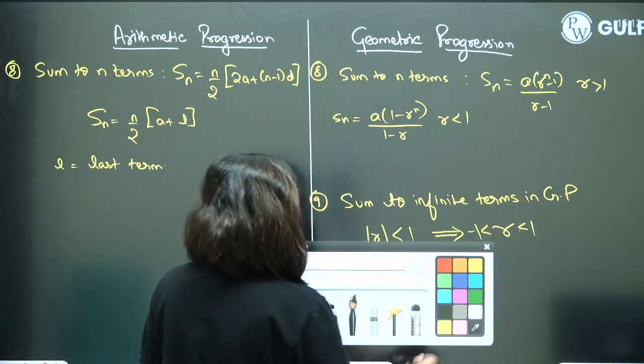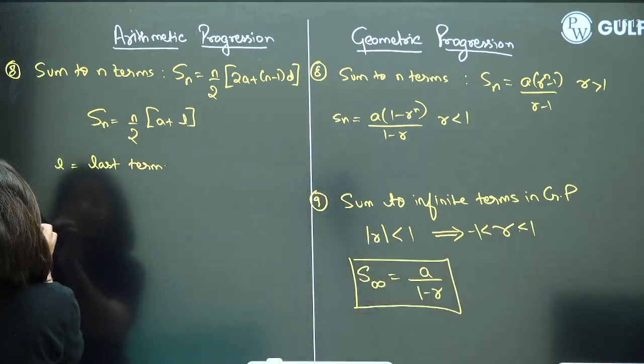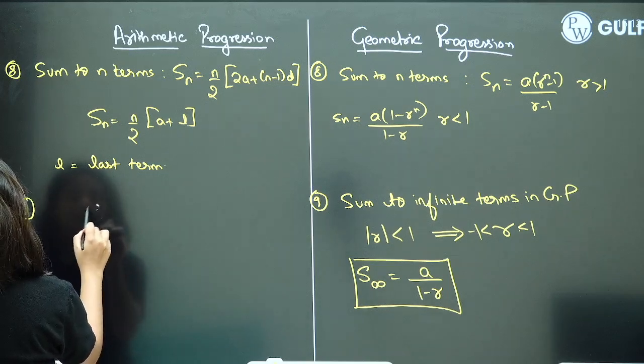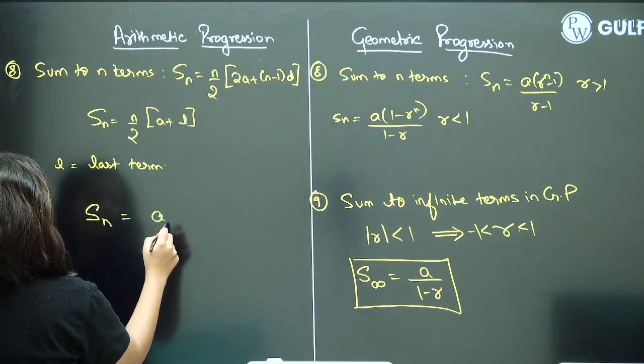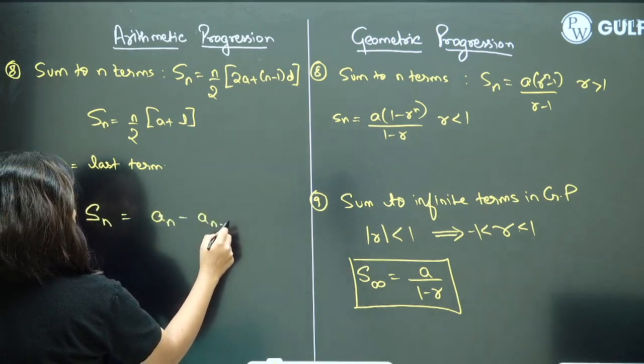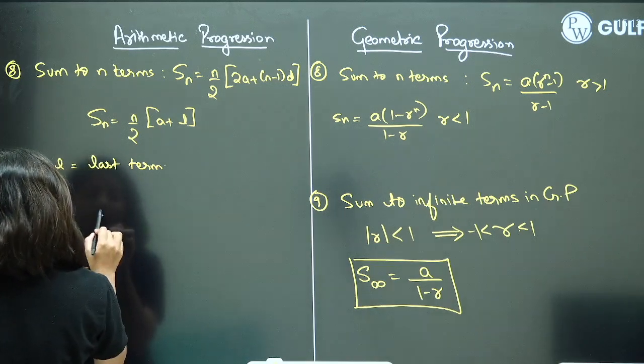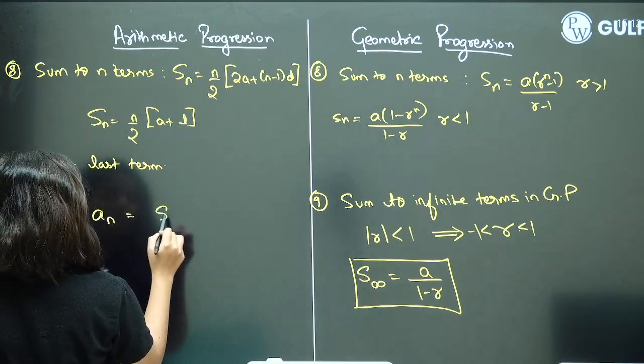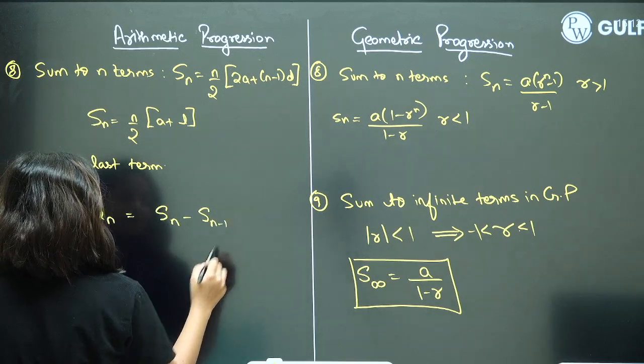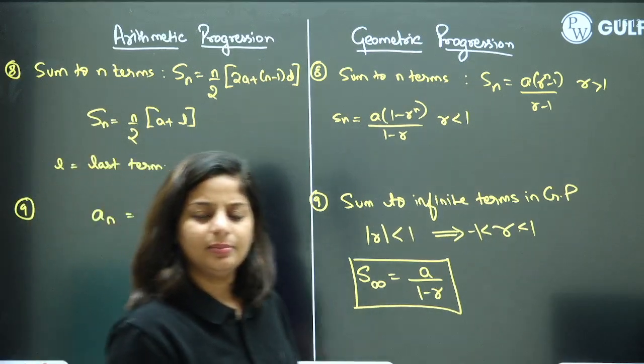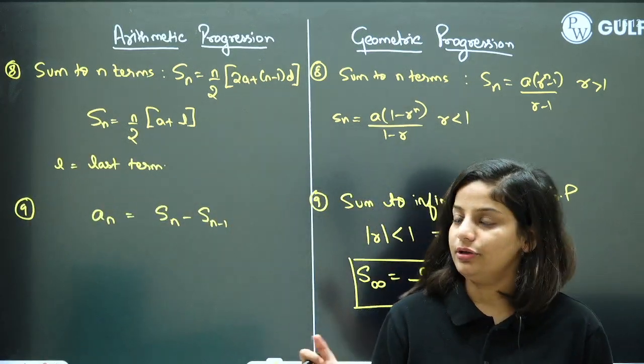Couple of more things. In general, the nth term is given by the formula Sn minus Sn minus 1. How do you get the nth term?